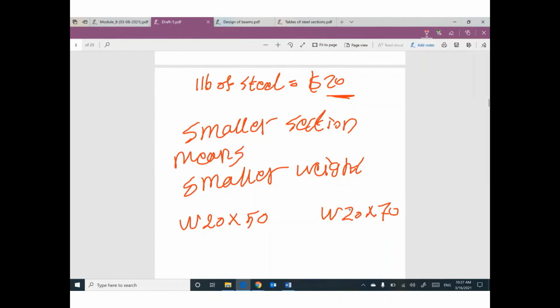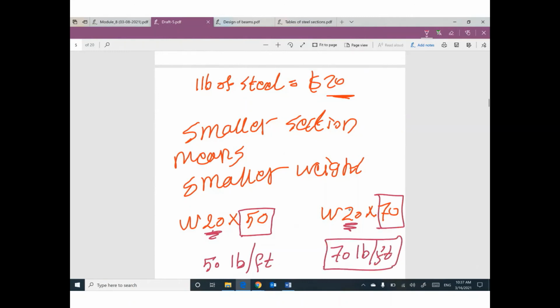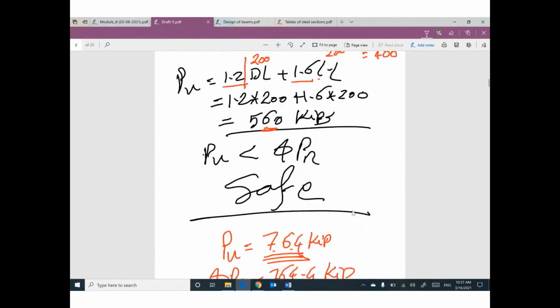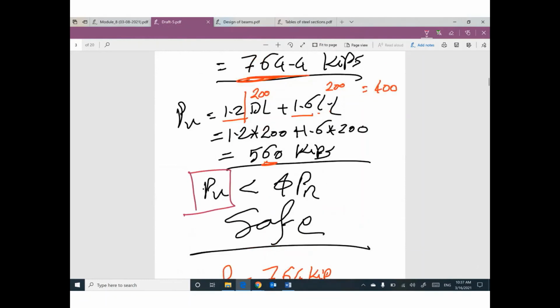Both have the same depth, 20 inches, but this cross section has a weight of 50 pound per foot, and this one has 70 pound per foot. So this one will be more expensive than that one. So when you design a steel member, make sure that P ultimate is close to phi PN to make your cross section safe and economical.